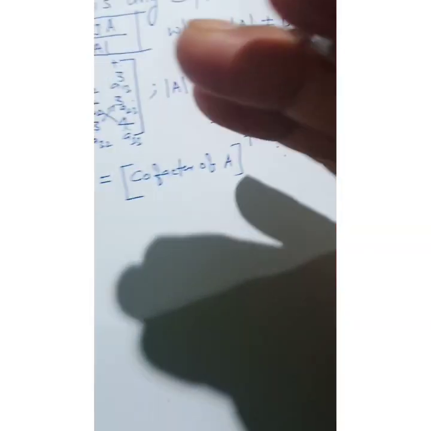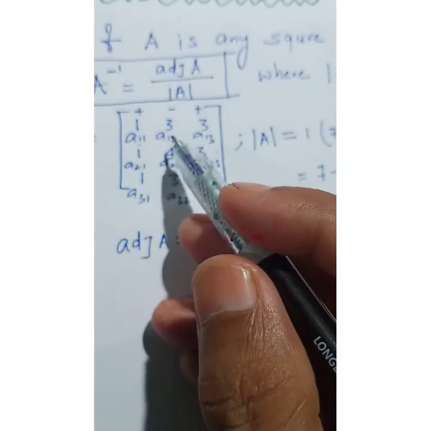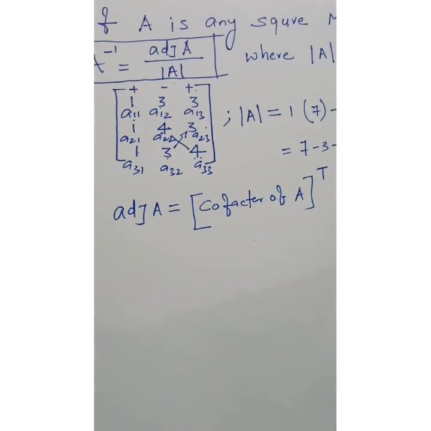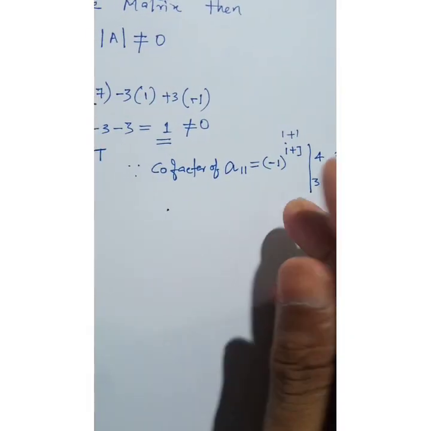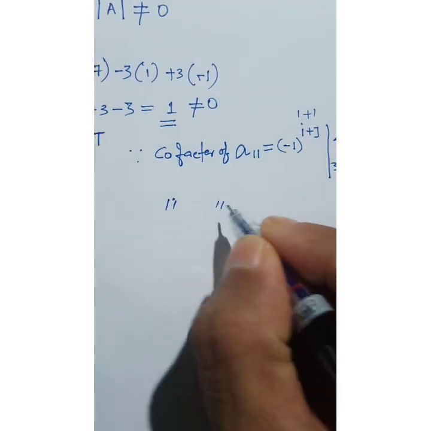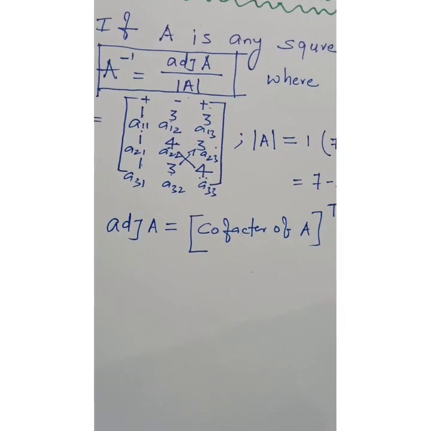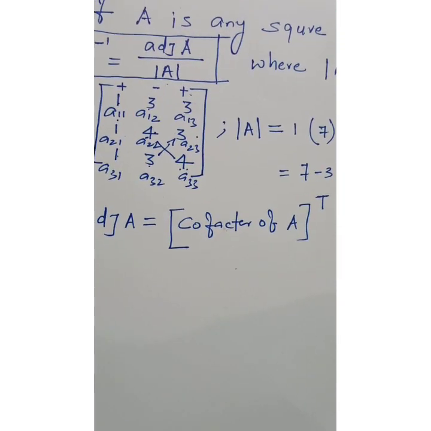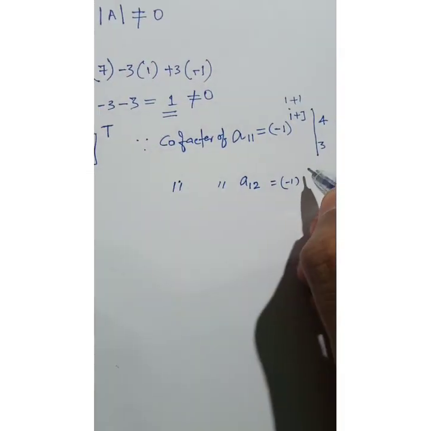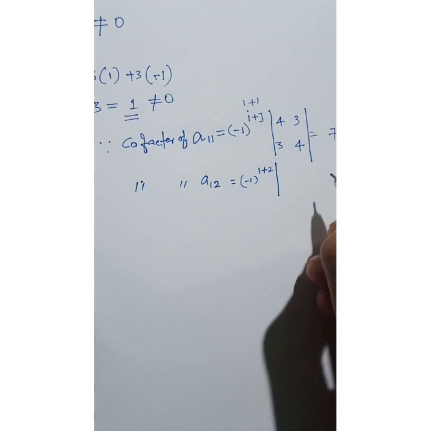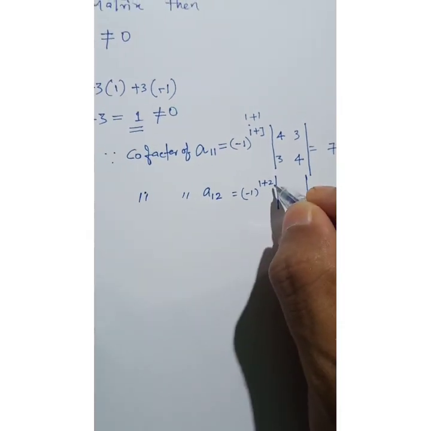In a similar way we will find the cofactor of all the elements. First we found the cofactor of A11. Now we will find the cofactor of A12, that is minus 1 power 1 plus 2, and 1 plus 2 means odd.